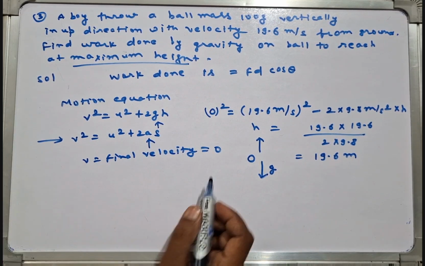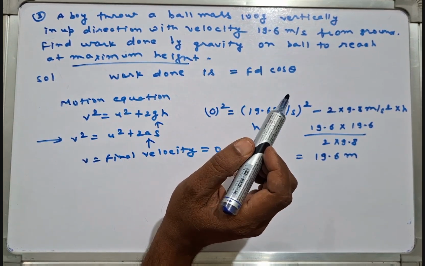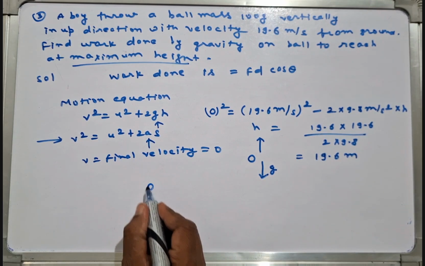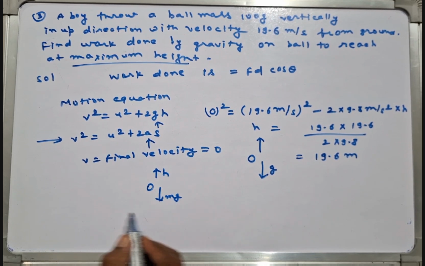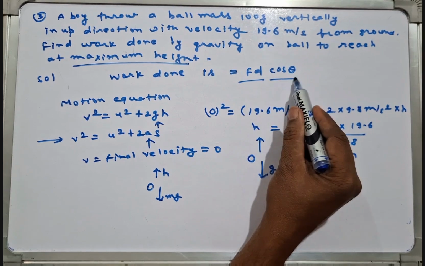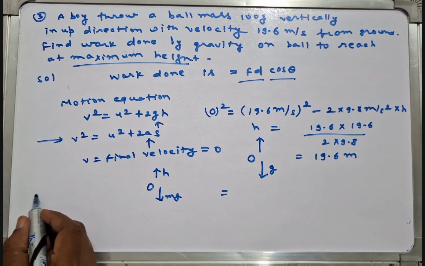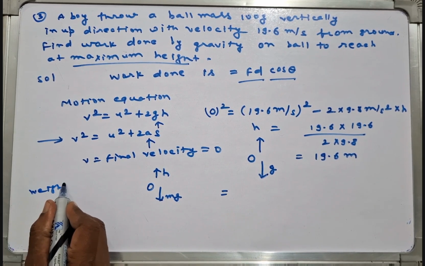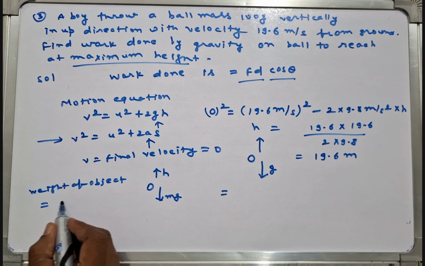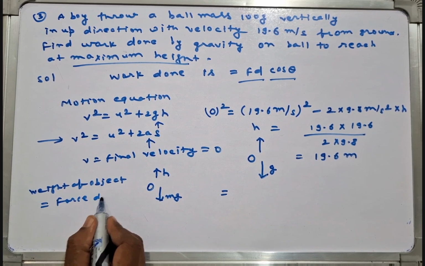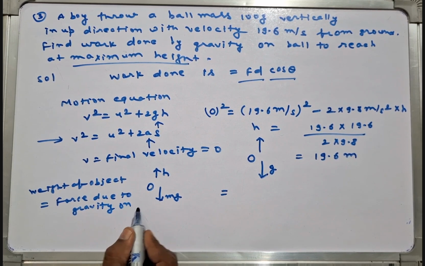Okay, now see here we are talking about work done by gravity. So the gravitational force is acting in the down direction and displacement is in the up direction. So if you apply this, what we write here is force equal to weight of object, equal to force due to gravity on object.